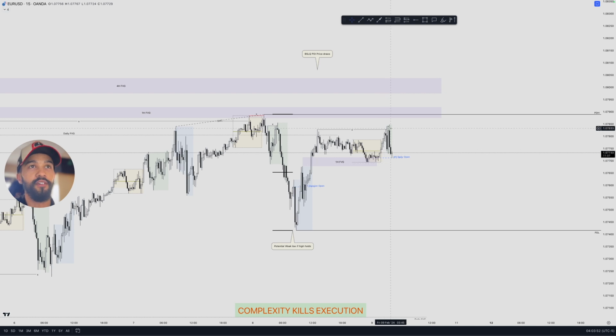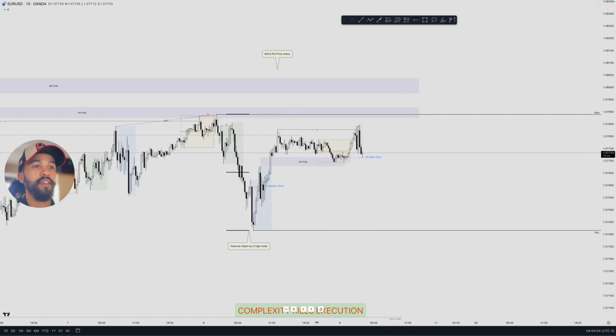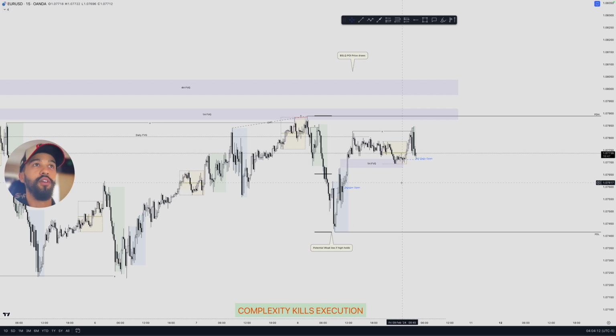I'd rather see a 15-minute structure break to make it look like we're going to have those continuations short, because we do still have the 1 hour fair value gap above remaining and the 4 hour fair value gap. And as I said, price failed to go out and take this low, so the higher time frame hasn't created a lower low yet, and we're still in the discount, so we may still go further up into the premium. But it does look good.